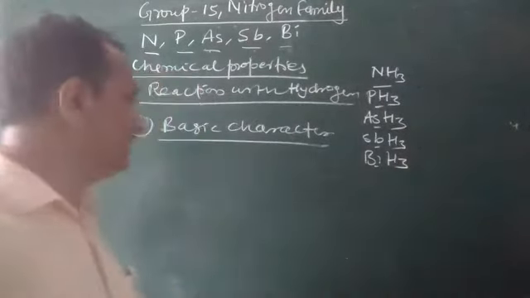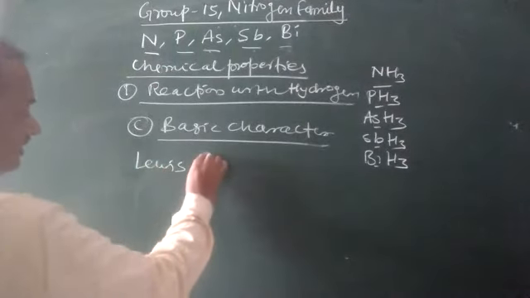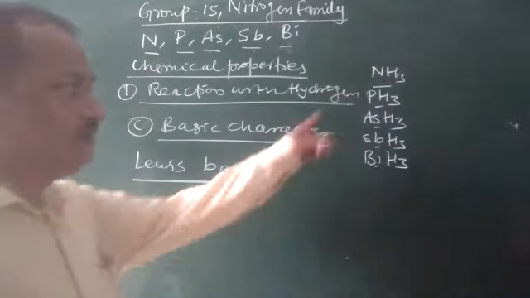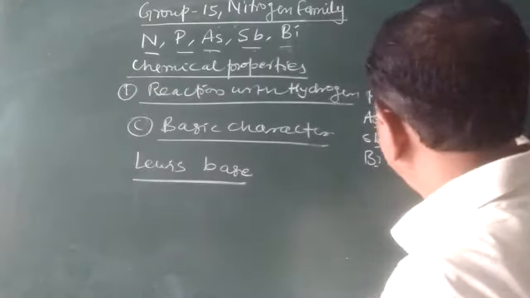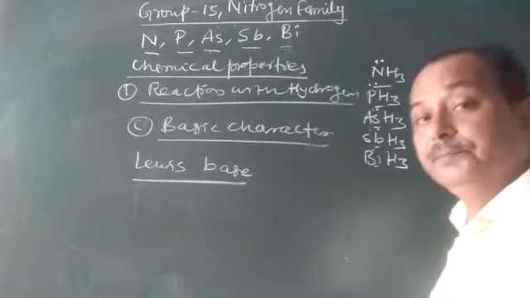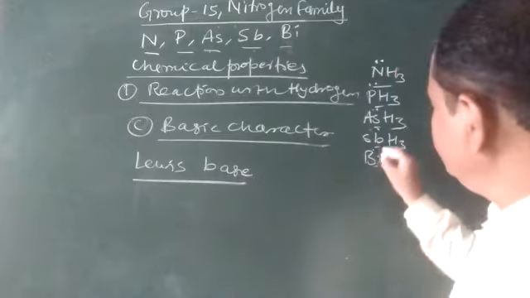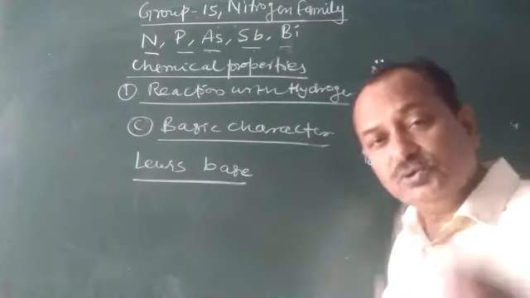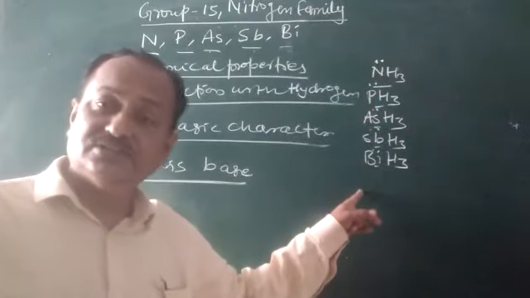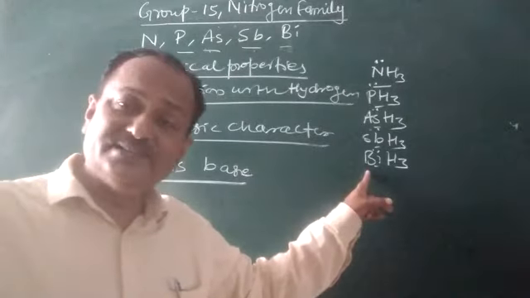Now coming to basic character, which means more precisely Lewis base. All have a lone pair of electrons. But the size of nitrogen is very small, and the size of bismuth is largest.